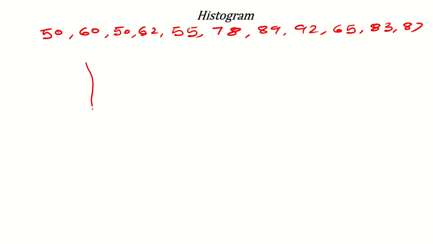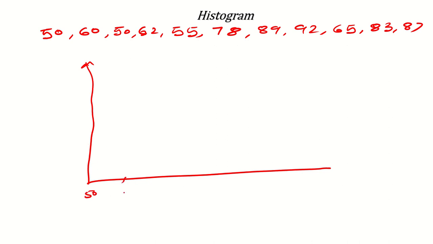Okay, now how will you make the histogram? Like this, you make the graph, and histogram means rectangles. So if I take the numbers from, for example, 50 to 79, I am taking a little bigger range so that it can be finished quickly. The difference is 30, so I'll take a little less.